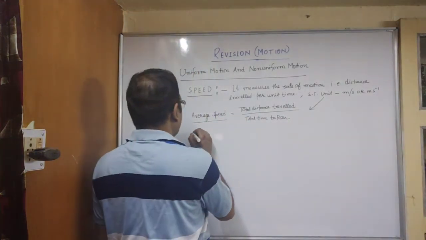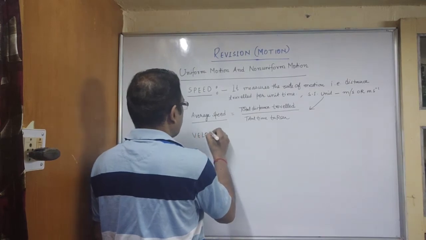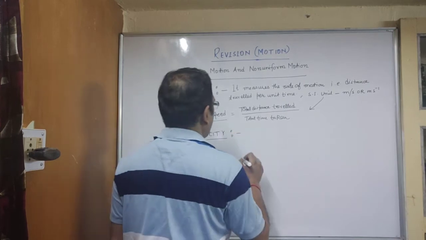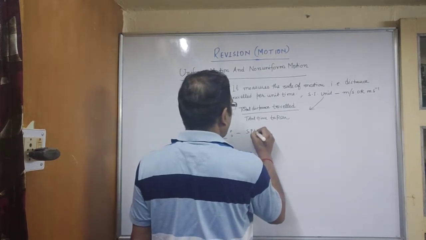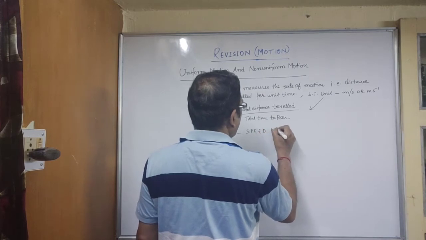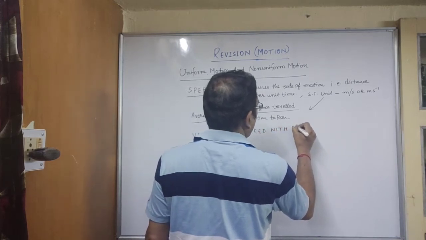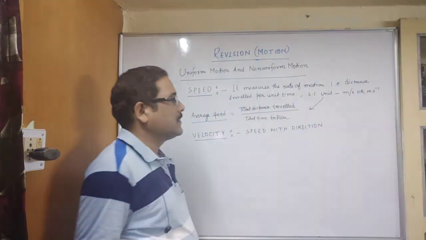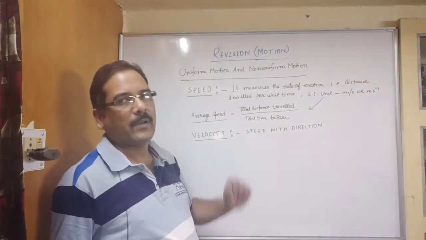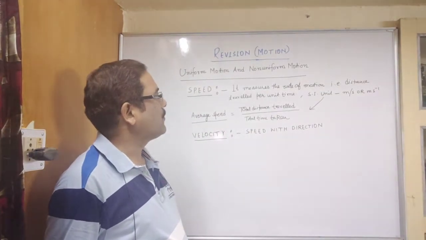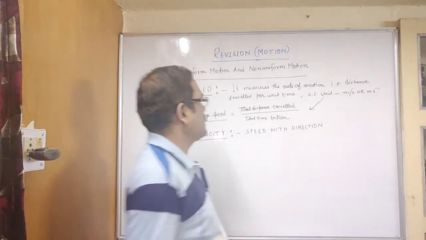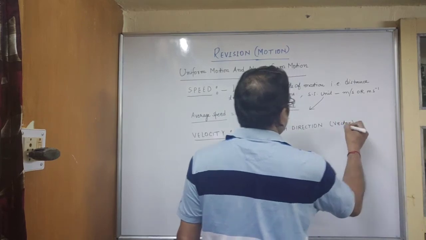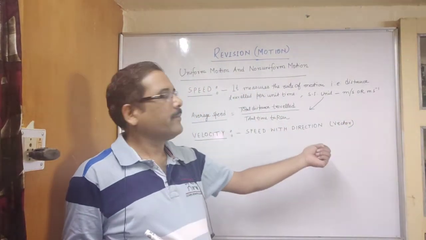So velocity is speed with direction. Speed with direction is called velocity. So the formula now: velocity is a vector quantity, it means direction is added with it.